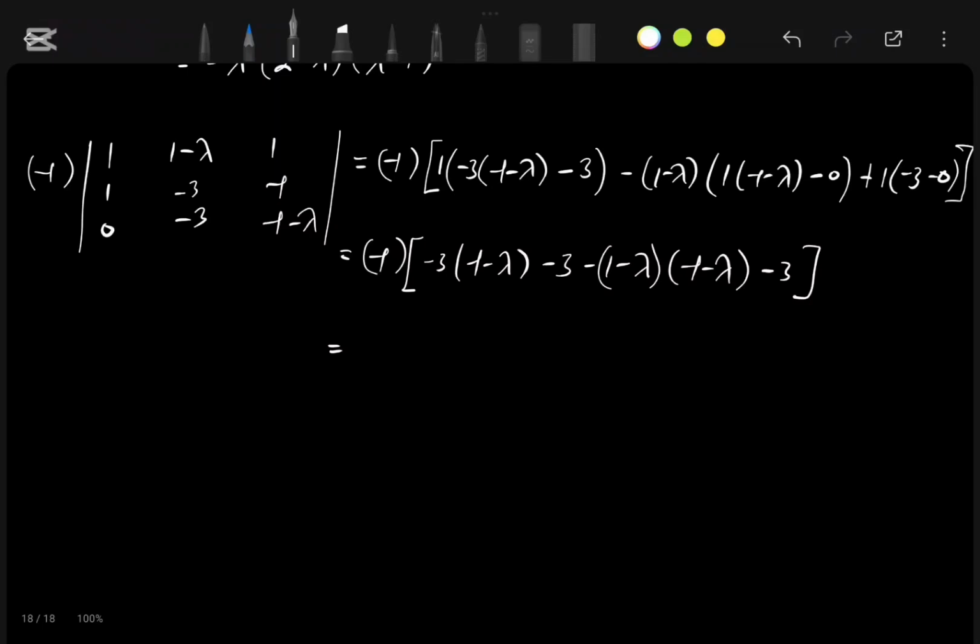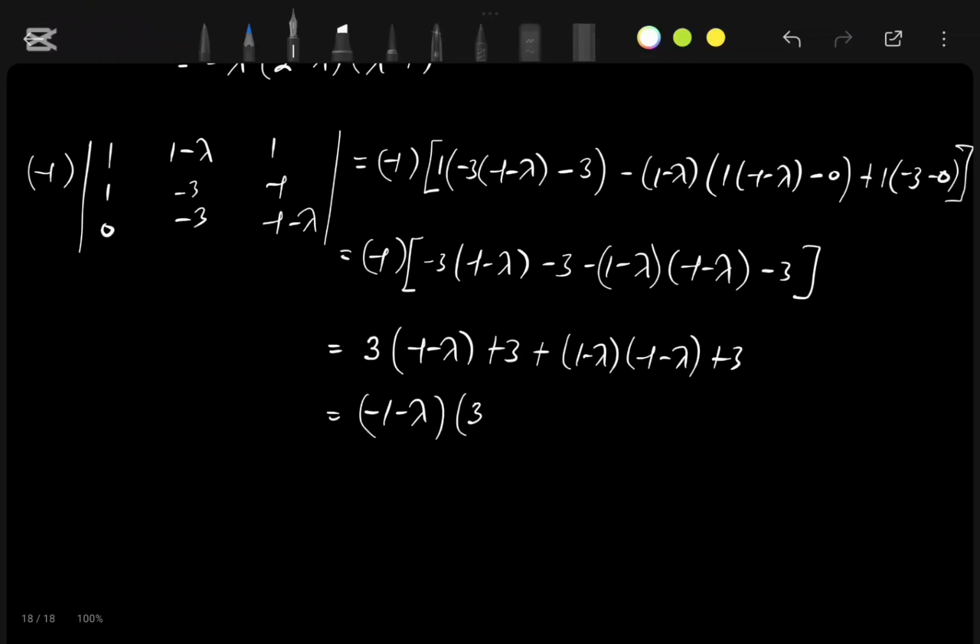Multiplying through by negative 1, we have 3 into bracket minus 1 minus lambda plus 3, plus 1 minus lambda minus 1 minus lambda plus 3. So factorizing minus 1 minus lambda out, into bracket 3 plus 1 minus lambda, we have plus 6.